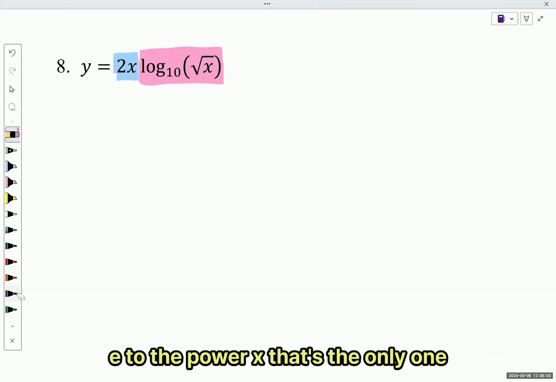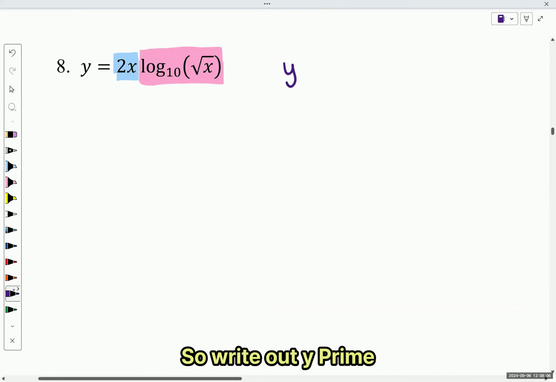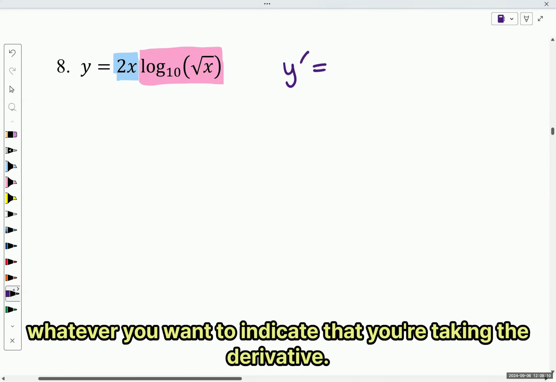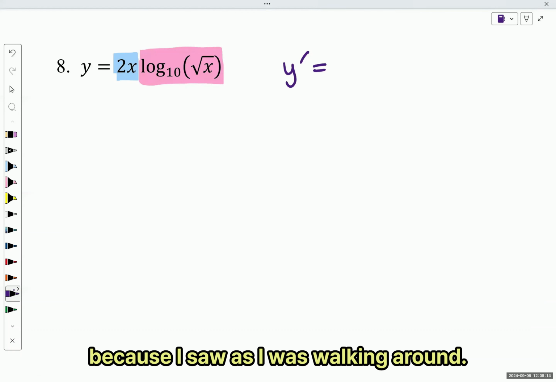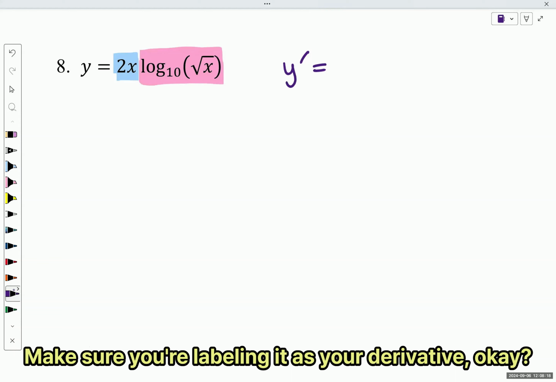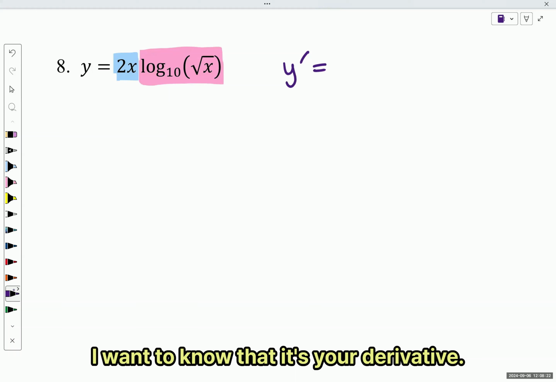So write out y prime, write out dy over dx, whatever you want to indicate that you're taking the derivative. I know some of you aren't doing that because I saw as I was walking around. Make sure you're labeling it as your derivative, okay?